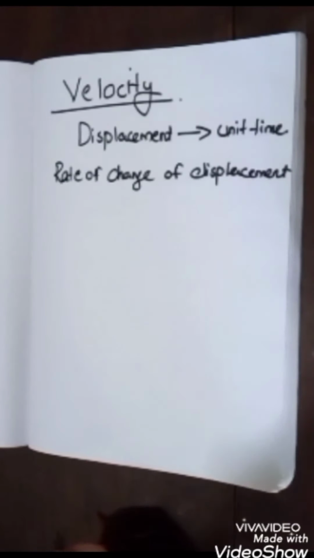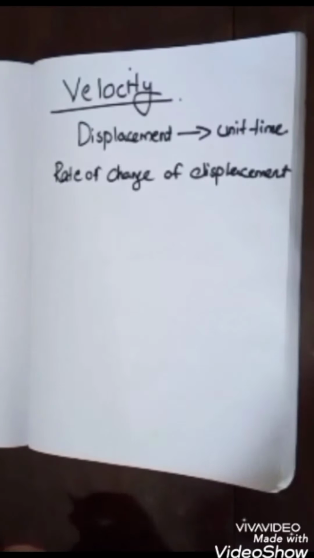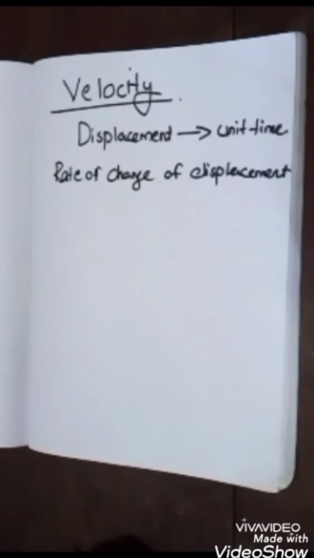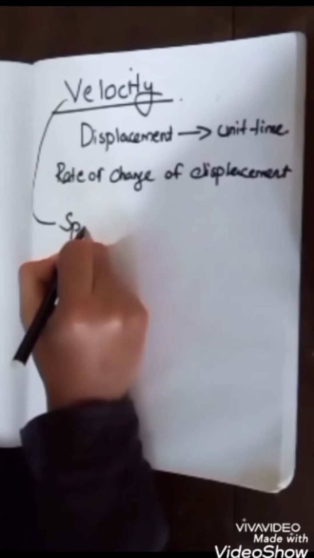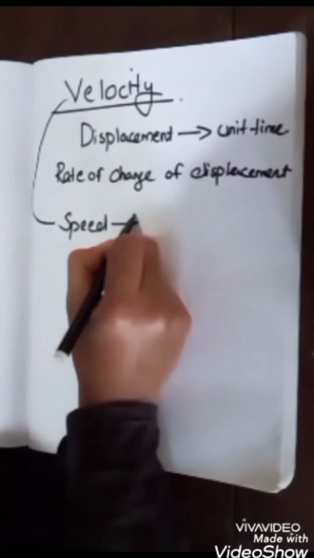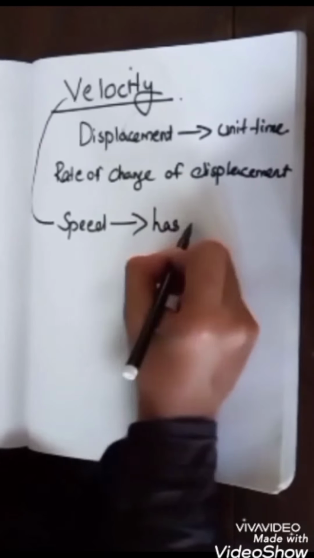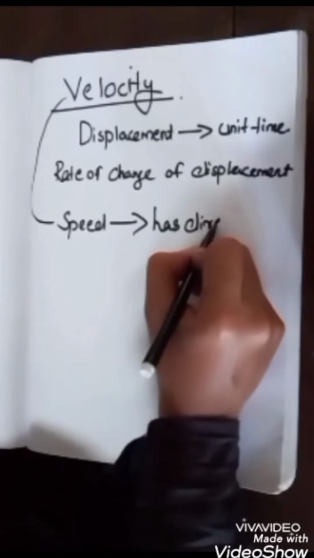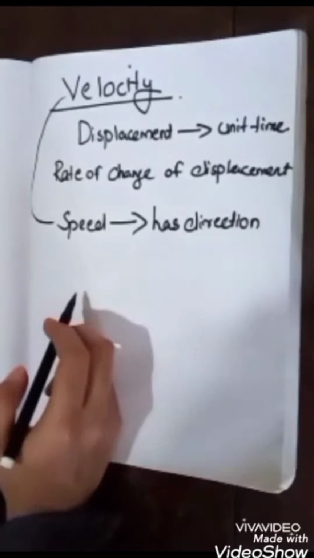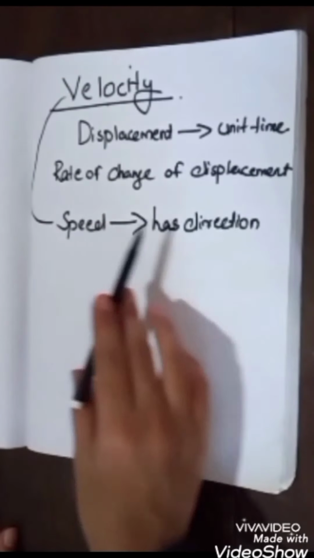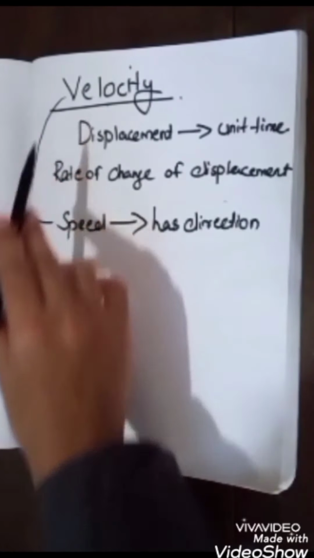How can we write the velocity? The equation for velocity. Before that, the speed of a body in a particular direction is called velocity. How can we relate velocity and speed? If speed has direction, then it is called velocity.